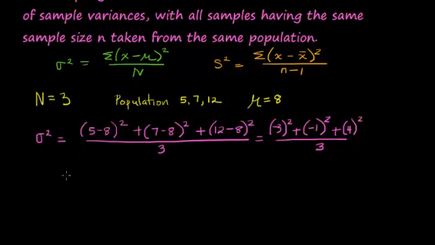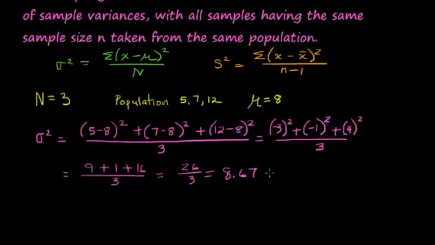Okay, so negative 3 squared is positive 9, negative 1 squared is positive 1, and 4 squared is 16. And when we add those up, we get 26 over 3, and I'll go to 2 decimal places for right now, 8.67.